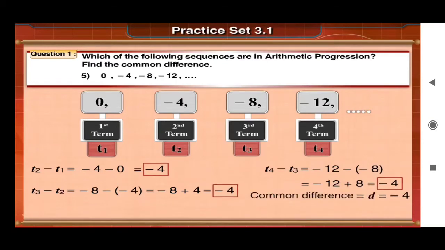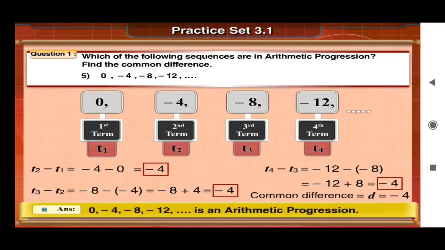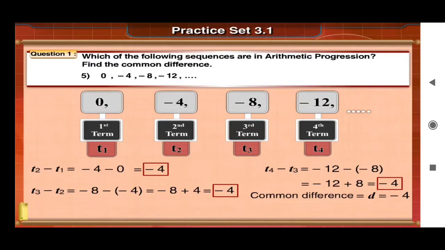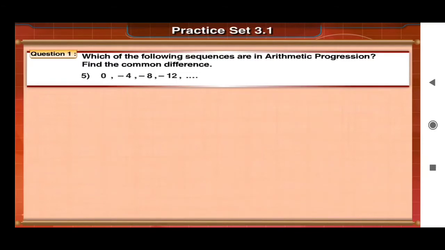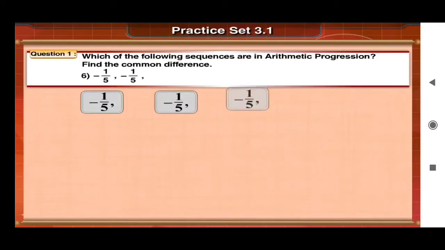Here the common difference is minus 4, and so the sequence 0, minus 4, minus 8, minus 12 is an arithmetic progression. Six. Minus 1 upon 5, minus 1 upon 5, minus 1 upon 5, and so on.